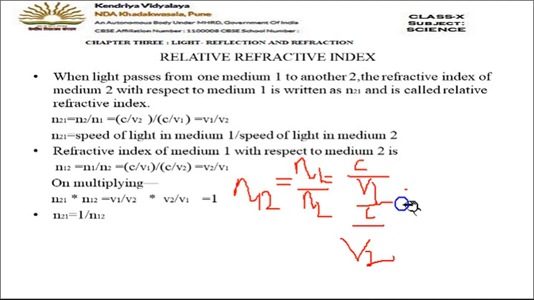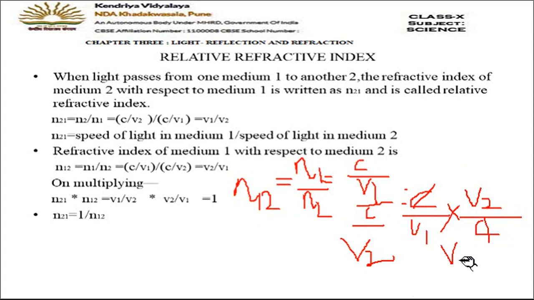If you invert it, c upon v1 multiplied by v2 upon c. So c gets cancelled. What is left now, students? v2 upon v1. This is the value for the refractive index of medium 1 with respect to medium 2.